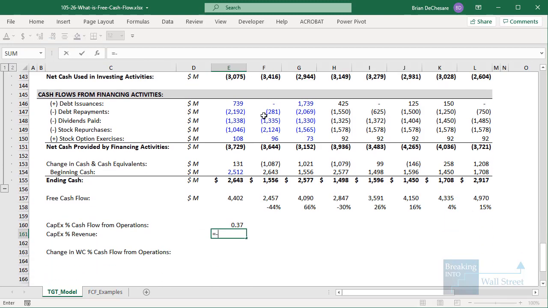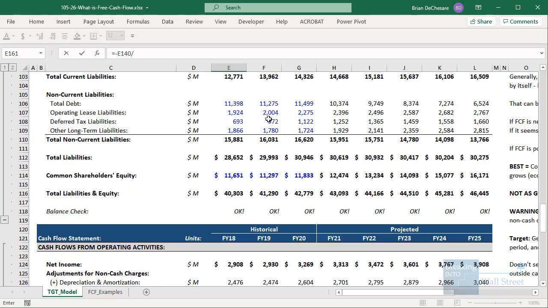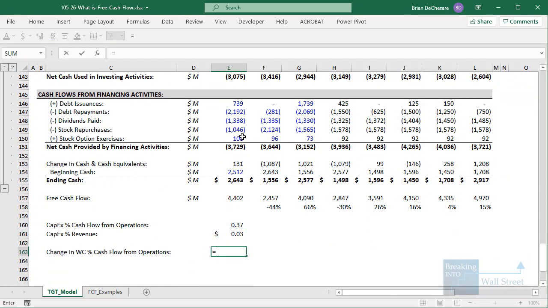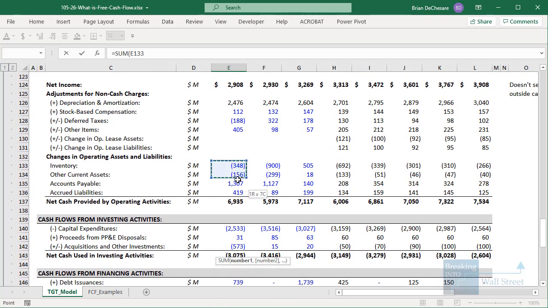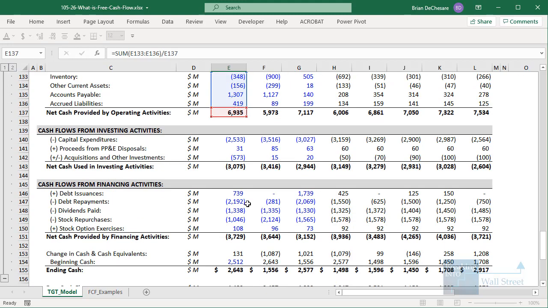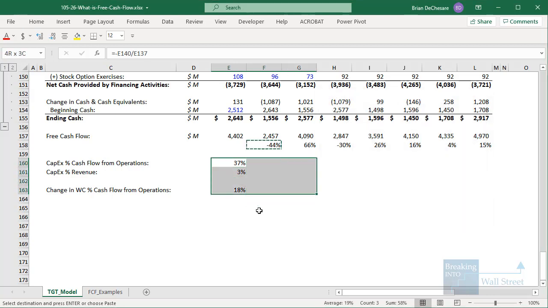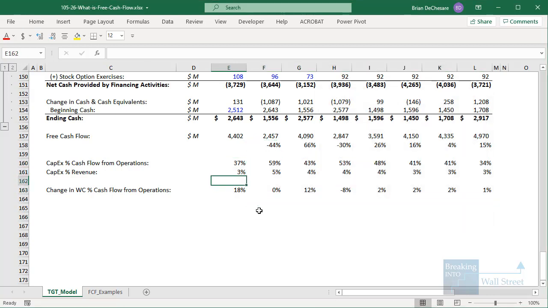For CapEx as a percent of revenue, we can do the same thing. And then for the change in working capital as a percent of cash flow from operations, and let's copy that over.